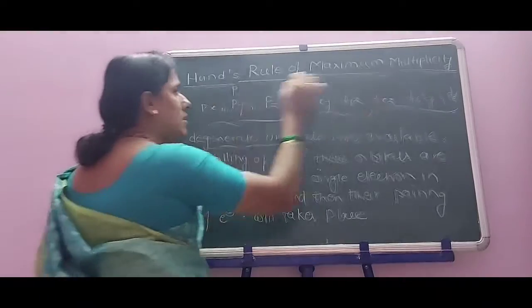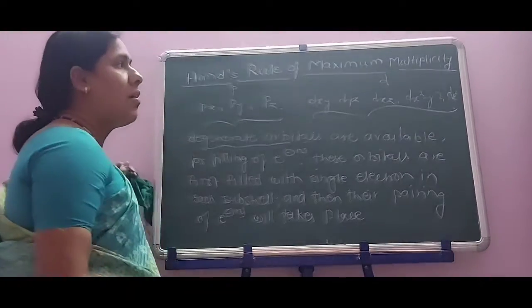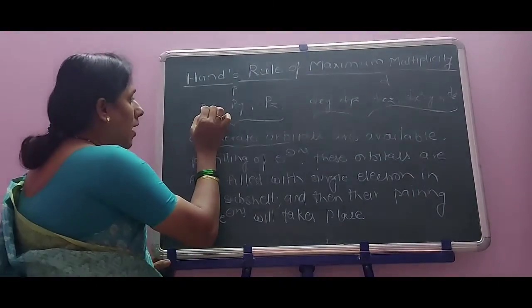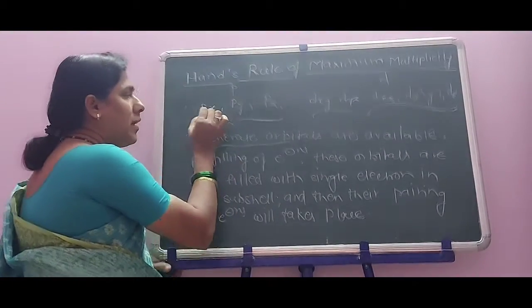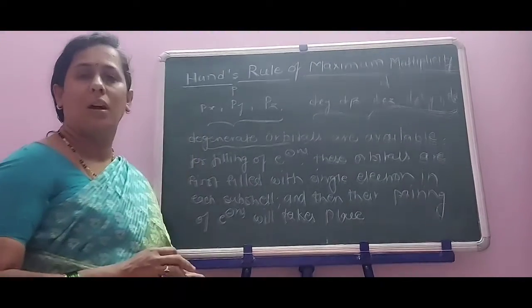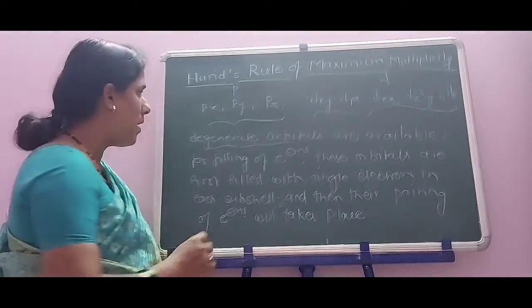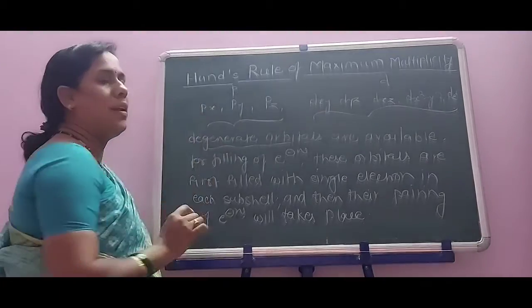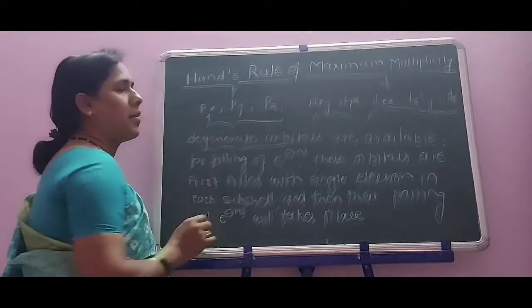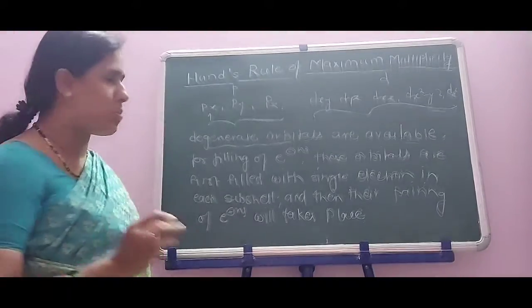This is of p orbitals. These are of d orbitals. At that time, what happens? At the same time, when electron filling takes place, according to Hund's principle, the electron will enter each orbital one electron at a time with a parallel spin.